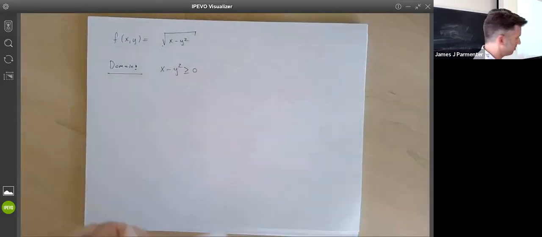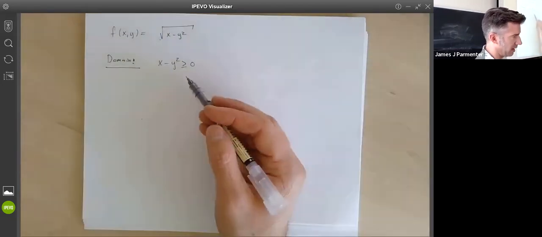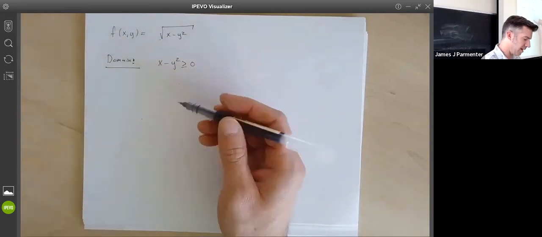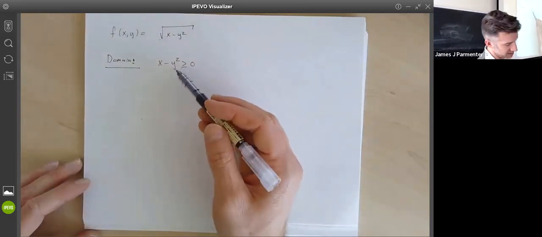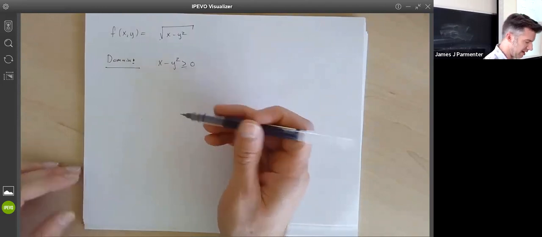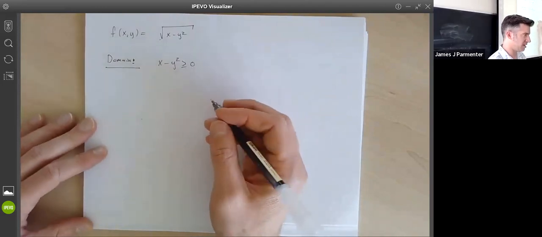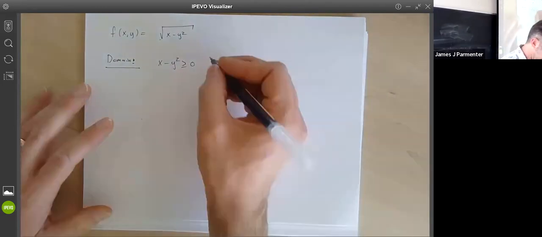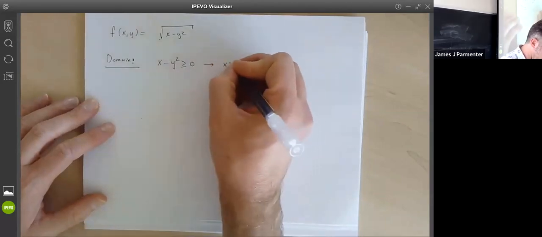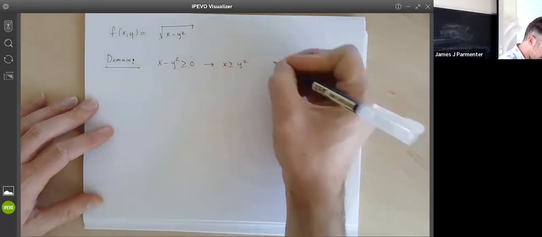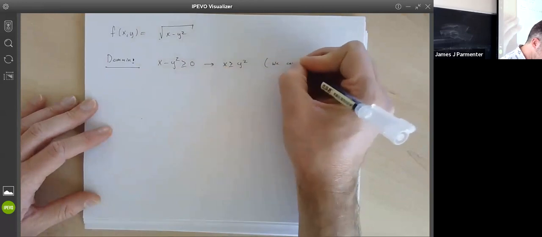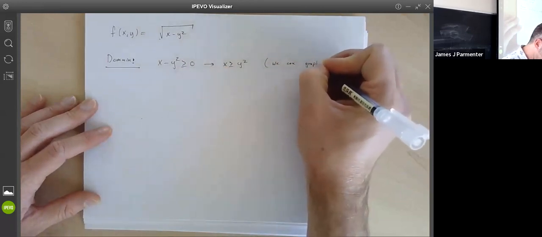I wouldn't solve for y, right? If I solve for y, I'm going to have y squared less than or equal to x, and then I don't really want to take a square root of things with an inequality. That just seems dangerous. I would really just leave this as x greater than or equal to y squared, because we can certainly graph x equal to y squared.